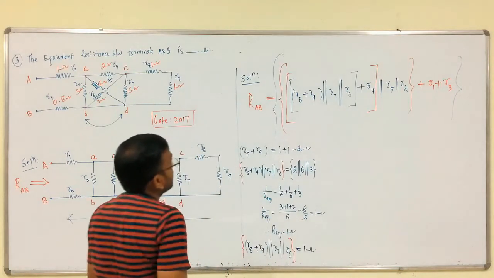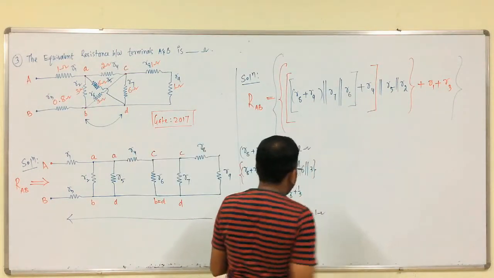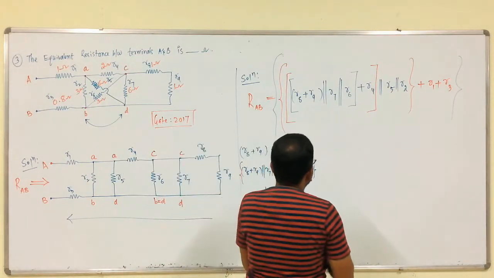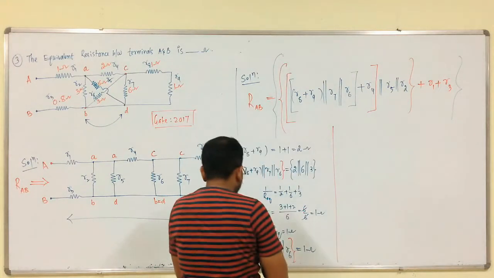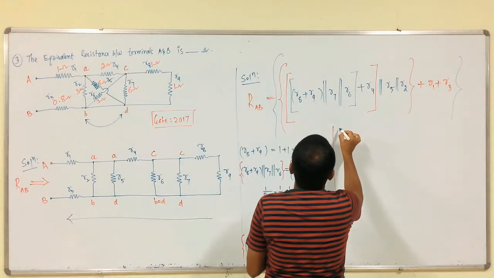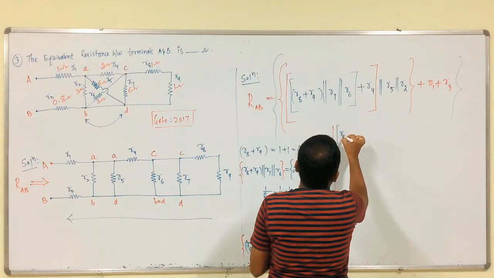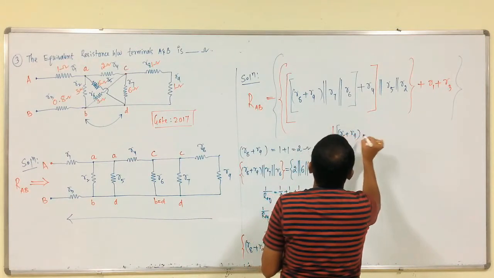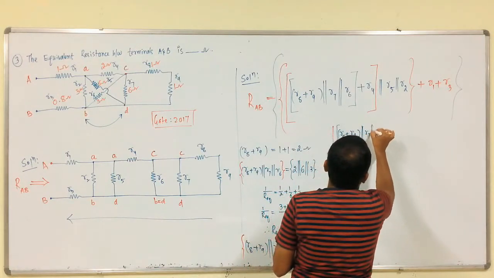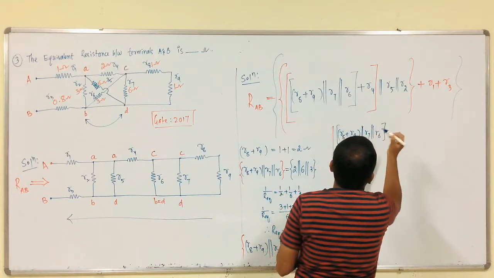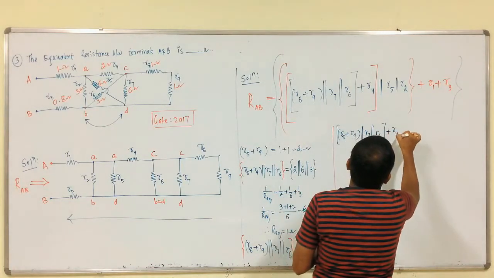1 ohm, completed. So, up to this the part is completed. Next, R 8 plus R 9 parallel with R 7, R 6 plus R 4 we have to calculate.